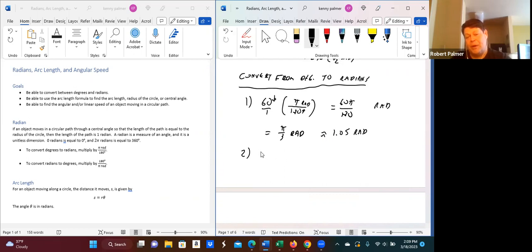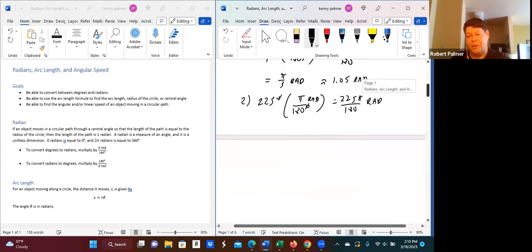Now, let's do another one. Let's say, how about we do 225 degrees. Okay, the same thing. Multiply by pi over 180. Degrees cancel out, multiply across, and so that's going to be 225 pi over 180 radians. Now we want to reduce, and I believe this one actually does.